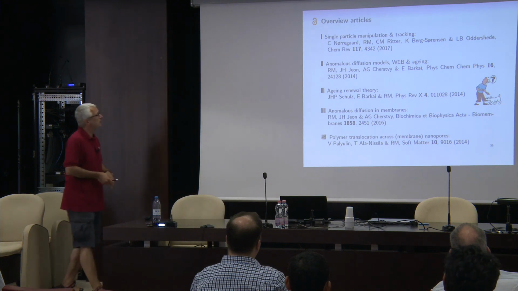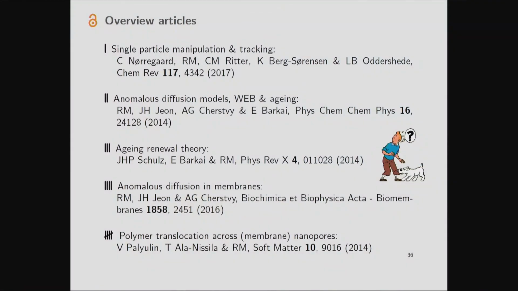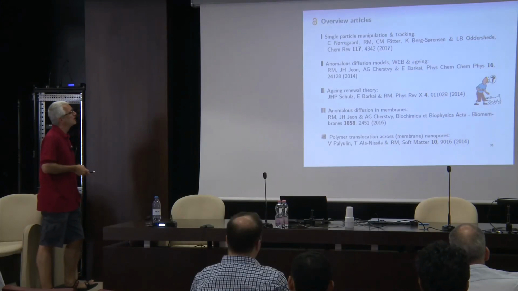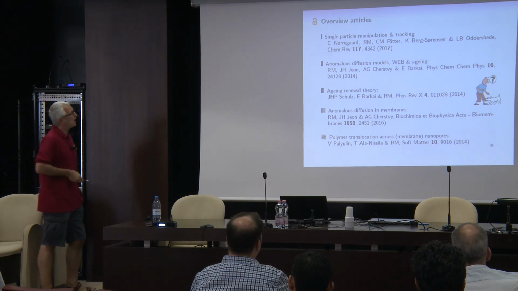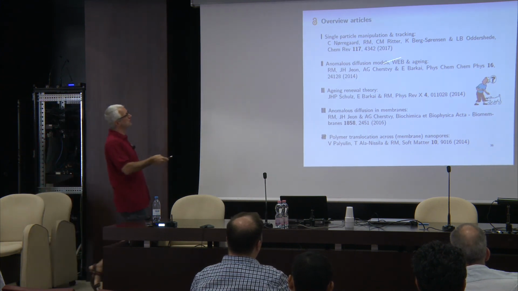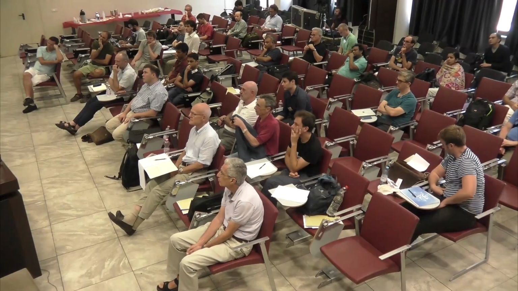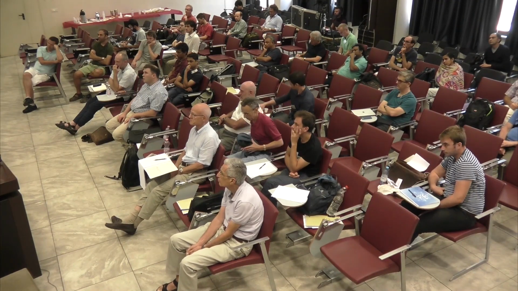There's a few papers I want to refer to. There's some review articles. This is with Lene, which is very experimental if you really want to know about experiments. But there's beautiful schematics that Camilla actually came up with, and some of the theory. The mathematical definitions and the properties of these anomalous diffusion models, the ergodicity breaking, the aging, you can find in this review article from a few years back.